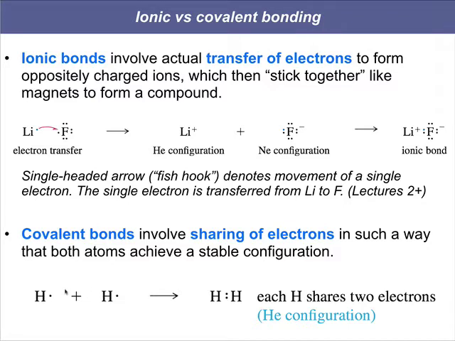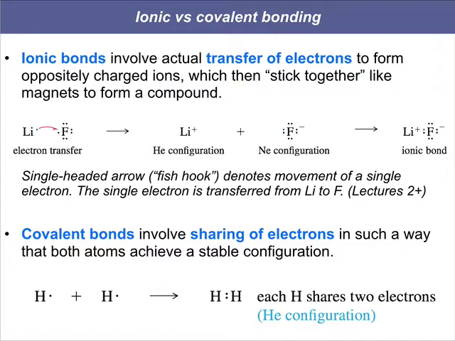Rather than force one hydrogen to give up its electron and the other hydrogen to take the electron, we instead have them sharing those electrons. And in that sense, both hydrogens feel as if they have the 2 electrons. We don't have to steal 1 electron from the other in order to achieve that stable configuration. In this way, both atoms have that stable configuration, that helium configuration with 2 electrons in the 1s.